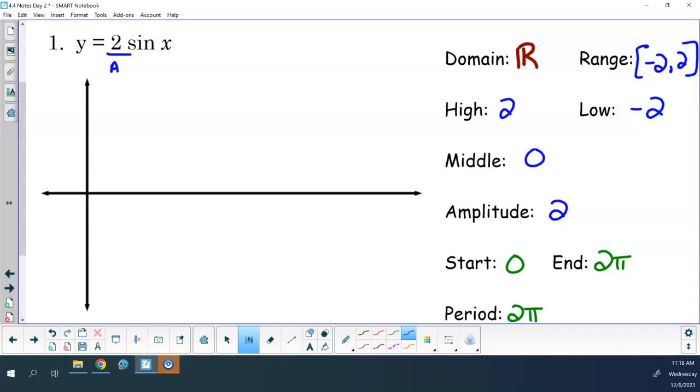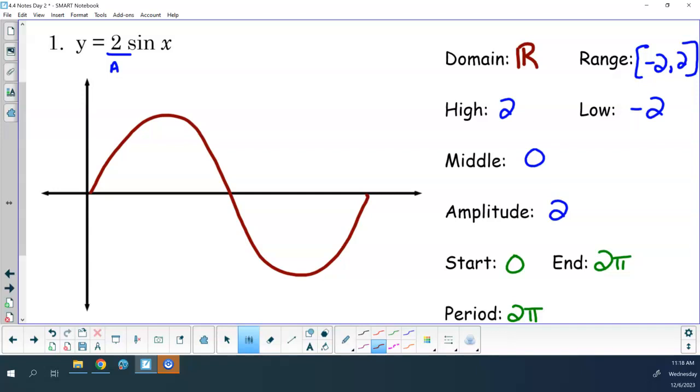This is a sine curve, correct? So a sine curve starts in the middle, goes to the upper, back to the middle, to the lower, and ends in the middle. So you can start by drawing in your sine curve.